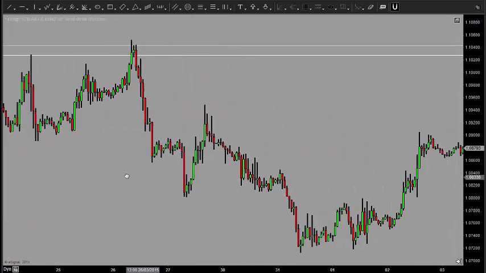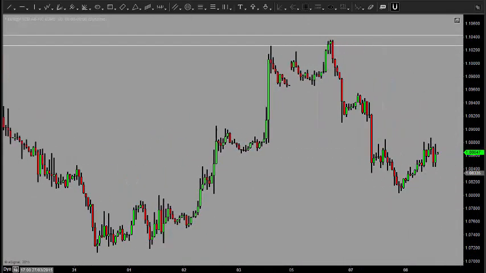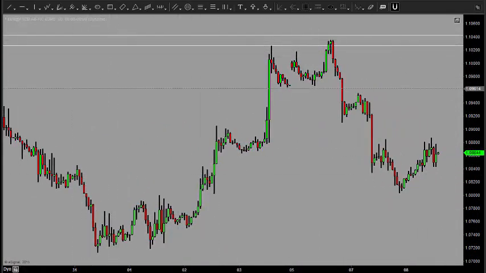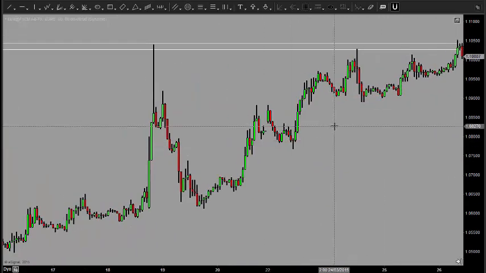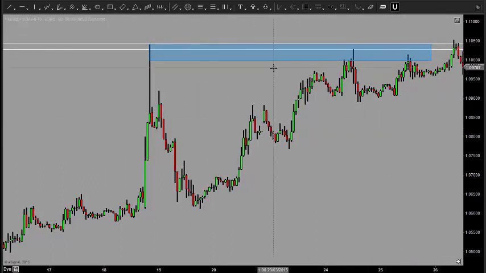Now I'll just run forward a little bit right up until present day, and you see it's running right the way across there. What I've been doing, and I've been doing it on the video updates more recently, is drawing ranges. I found a new tool in eSignal. That's always a good thing, when you find a new tool. It's a rectangle, and it just gives me a nice rectangle. You can see exactly what's going on with it, and all I do is draw it from the high down to the low of the next high, or this area here.